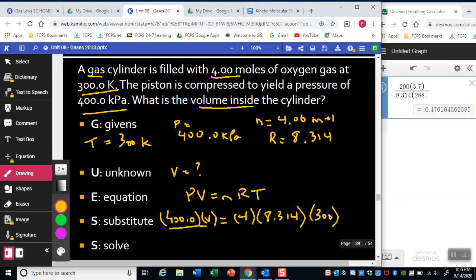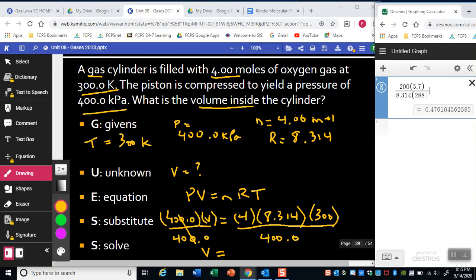Let's get it all by itself. Let's divide by 400.0. Boom. Right? Anything divided by itself is 1. Got to do it on both sides. So that gives me volume equals whatever that is. So let's do that.